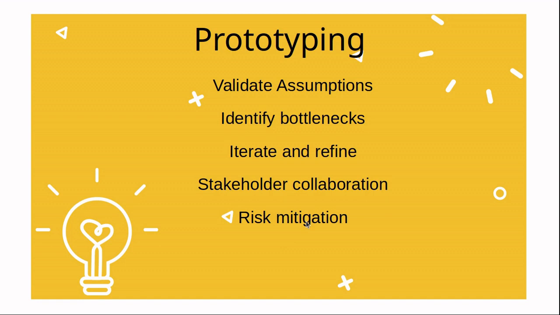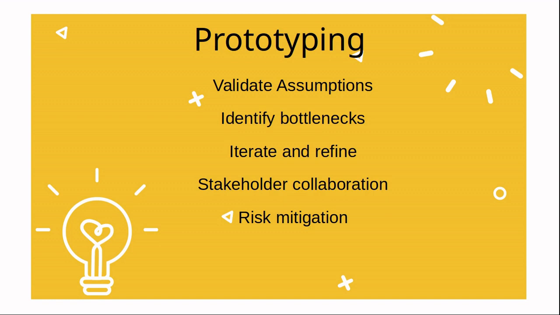So in the case of the stock sentiment analysis prototype presented in this video, prototyping allows the developers to validate the integration of various components, such as the Streamlit web interface, the LangChain library, and Groq's API endpoint.